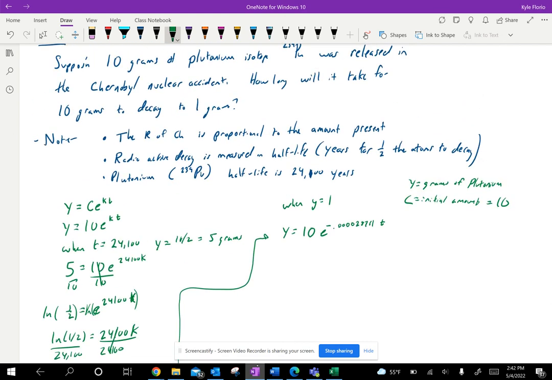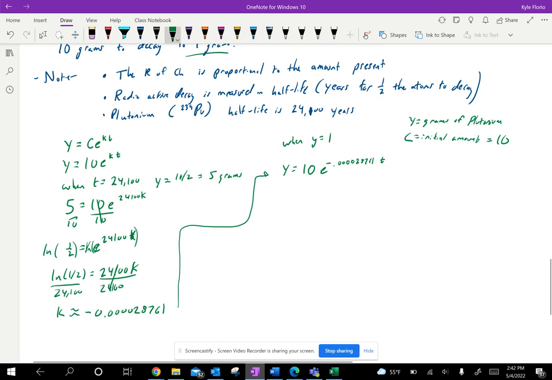So I'm going to replace the y with 1 and solve. Okay. So divide both sides by 10 like we did before. So 1/10 equals e to the k t. And then to get the e out of there, take the natural log of both sides again.